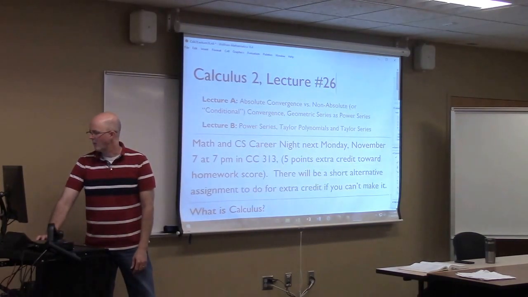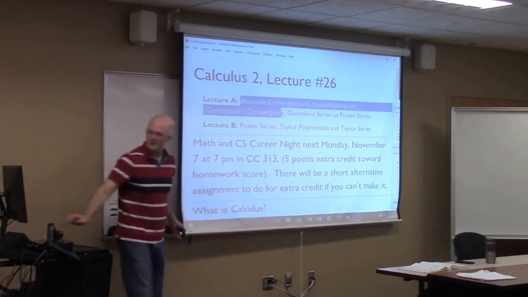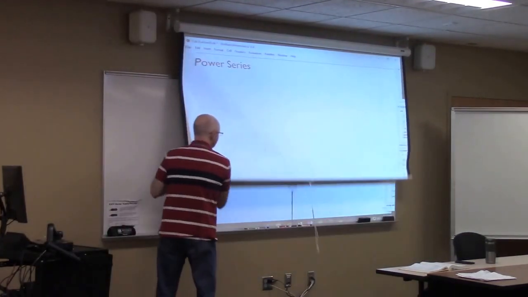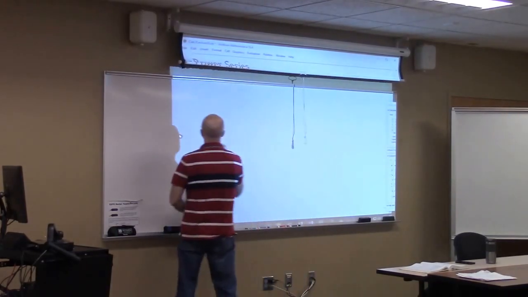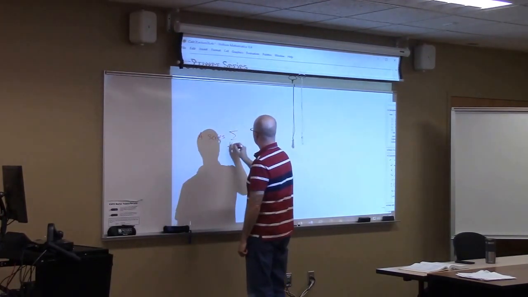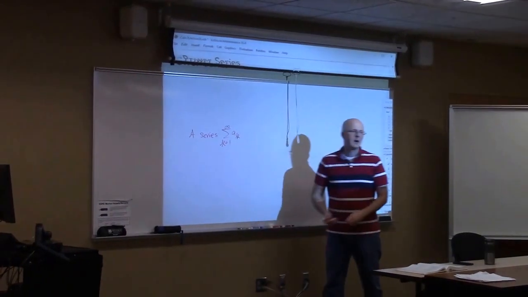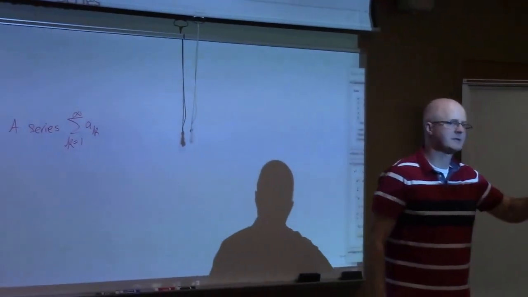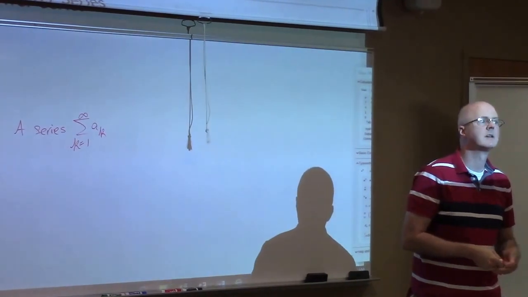All right, what is absolute convergence versus non-absolute convergence? That's what we'll focus on first. A series, the sum from k equals 1 to infinity of a_k, converges absolutely if another series, a series whose terms are the absolute values of the a_k, converges.